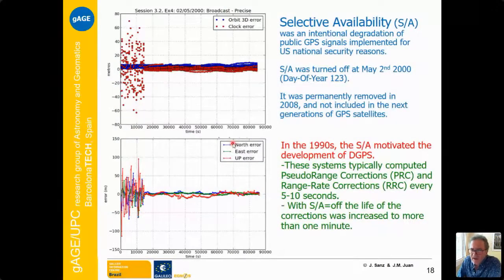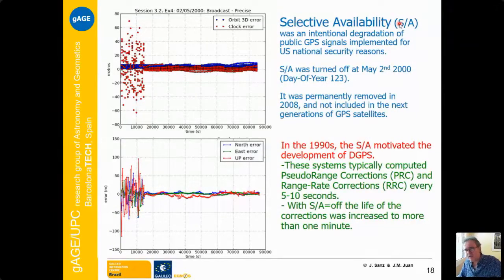Let's see an example. I like to show this slide because one of the motivations for developing differential positioning was what we had before the year 2000. Before the year 2000, we had in GPS what we call selective availability.